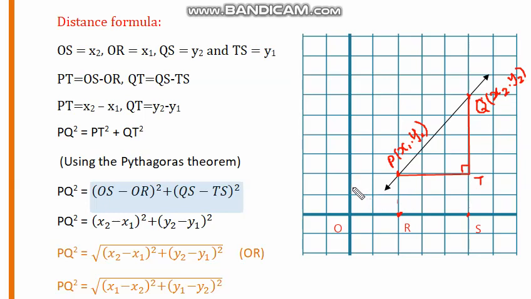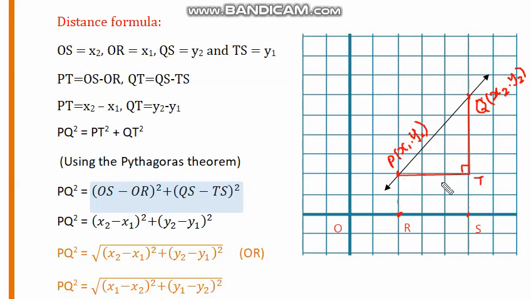The actual distance from the y-axis, origin to S, is the x coordinate. So here the x coordinate is x2. All these points are x2 only. Here all the points are x1 only.